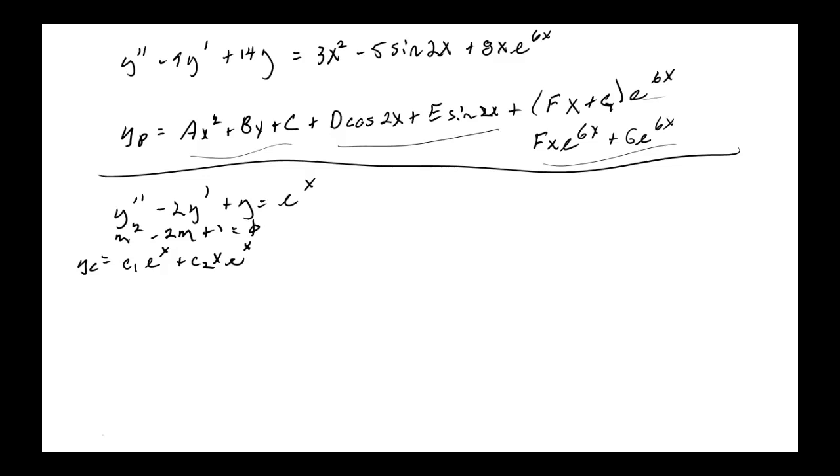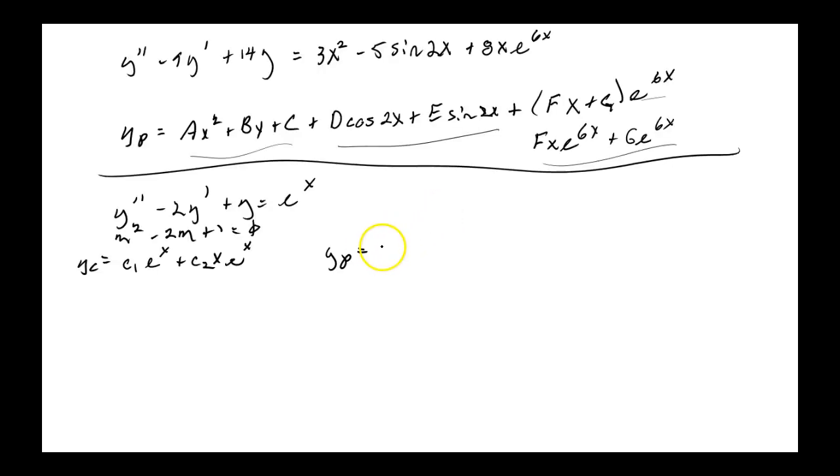Your particular solution y sub p would be a x squared e to the x. Now, you do not need the linear and constant term of this because you've already got them here. So it's just that. Does that kind of make sense?